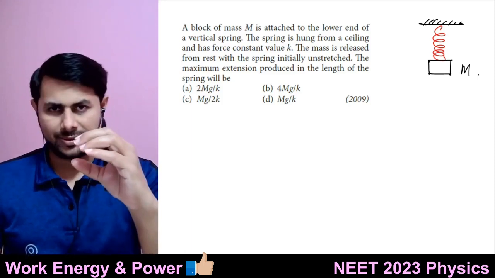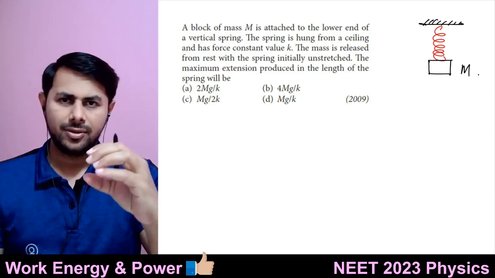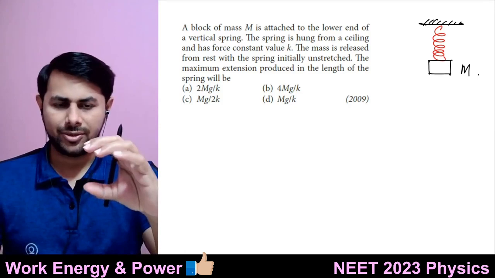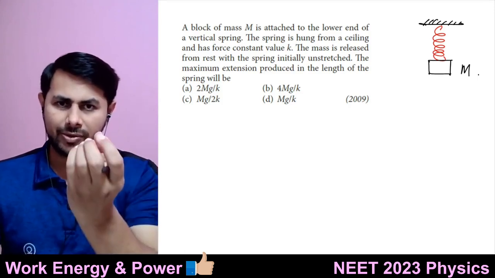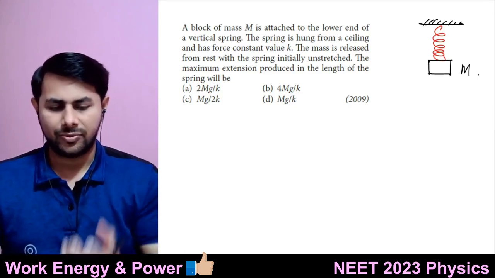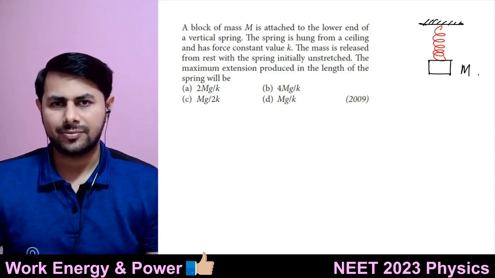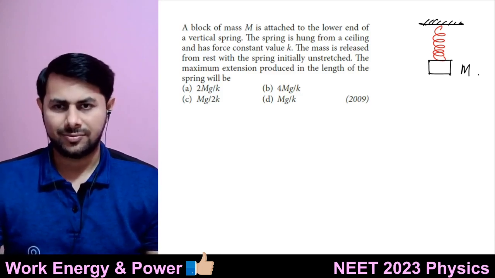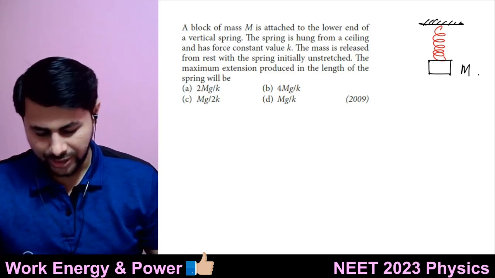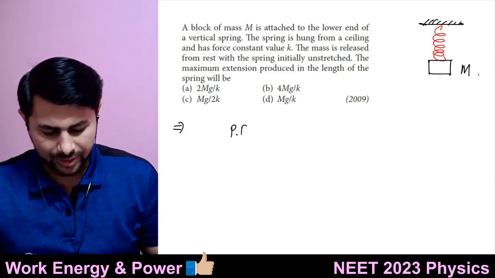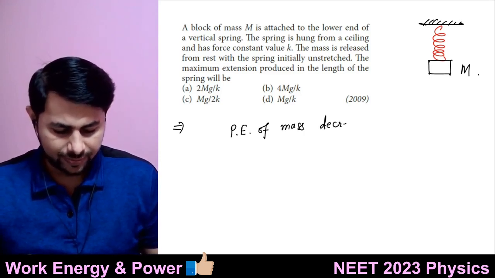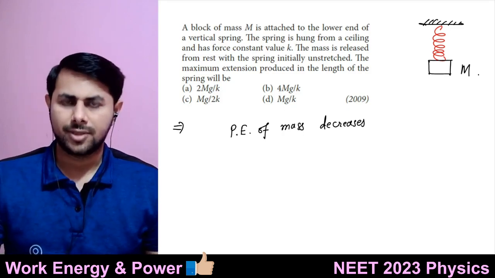Who can tell? All right, see what will happen. You release that mass. The spring is unstretched initially, and the mass is connected to the spring. If you release it, there will be some extension in the spring. When there is an extension, what happens? Does the potential energy of the mass increase or decrease? The potential energy of the mass decreases, right?